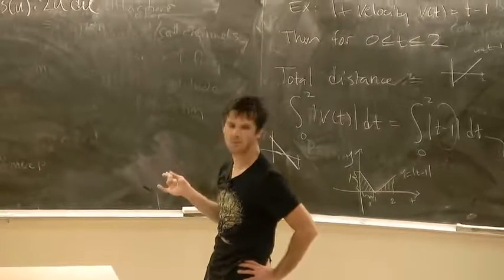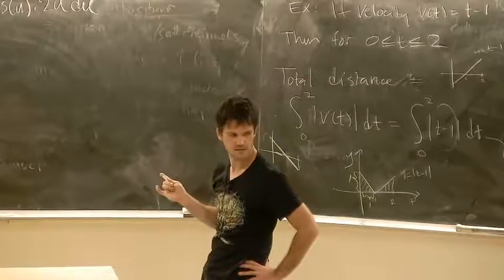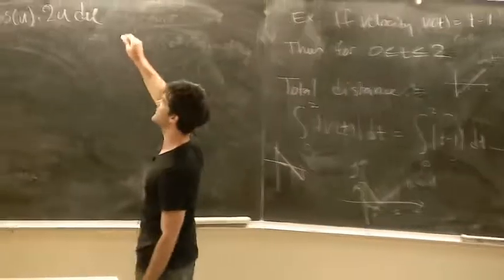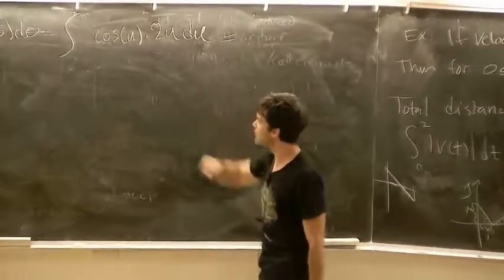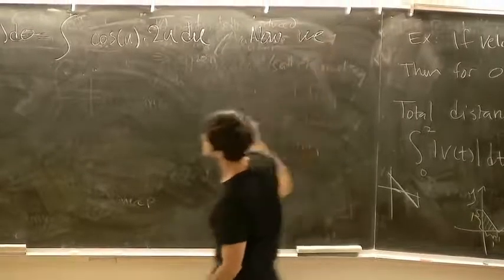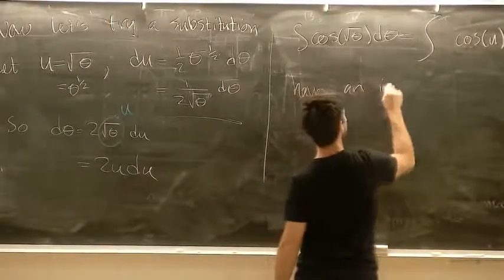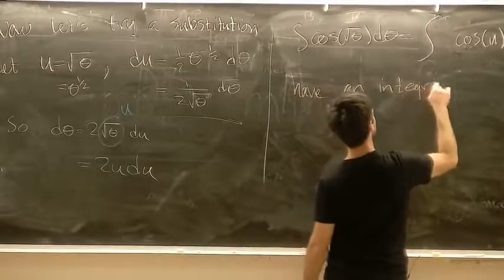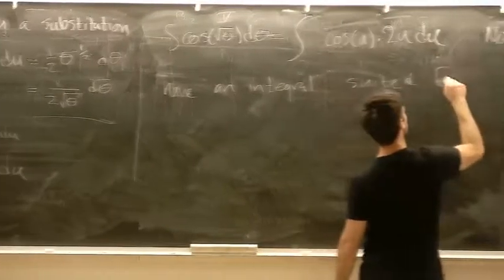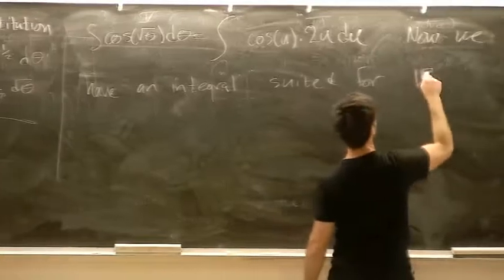Is this something we can integrate now? If you were paying attention, you heard me say that this problem actually uses both of my techniques. So now we have an integral that is well suited for integration by parts.